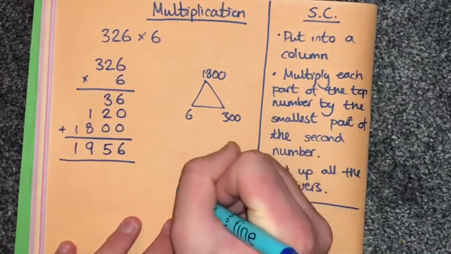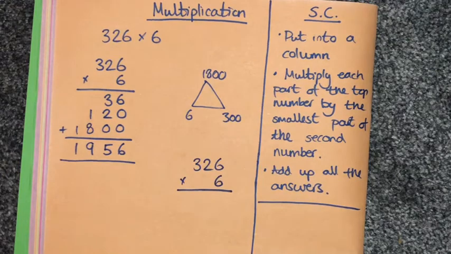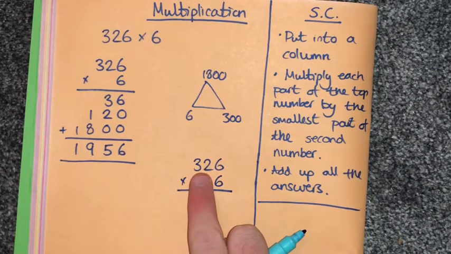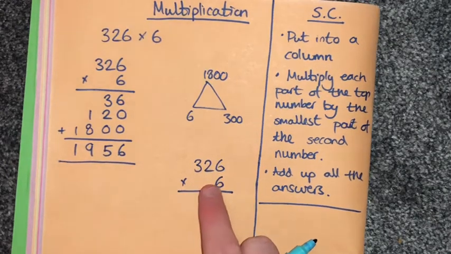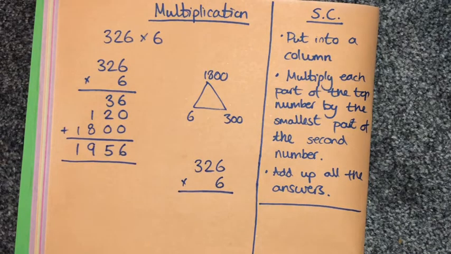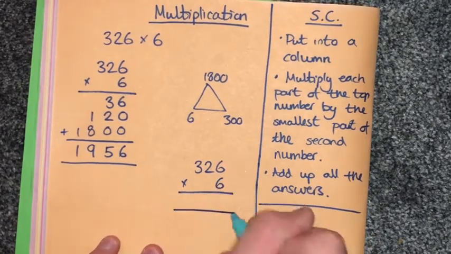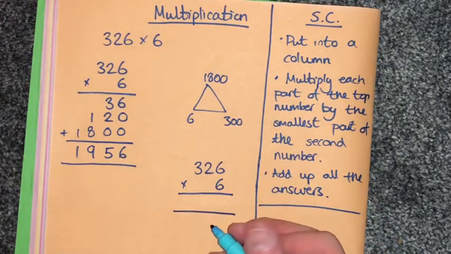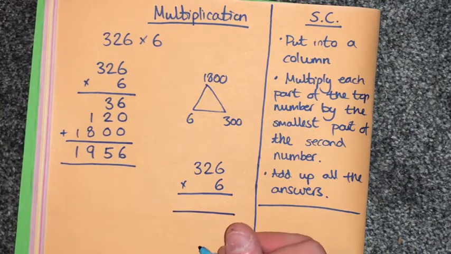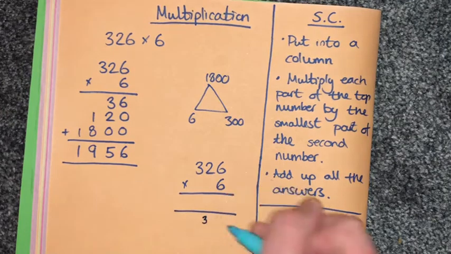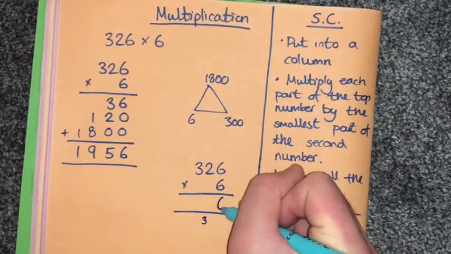Okay, now let's say you do that same question, actually I'll leave that there, using a contracted method. So, for using contracted method, I'm going to treat these not as a 300, but as 300s. There's a slight difference in that, I hope you can realise. So I do 6 times 6, which is 36. But because I'm using a contracted method for this one, I'm going to carry my 3 from the 36 under there.